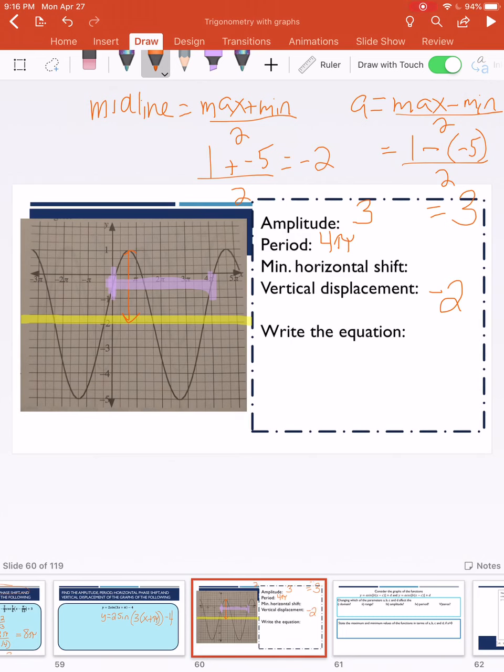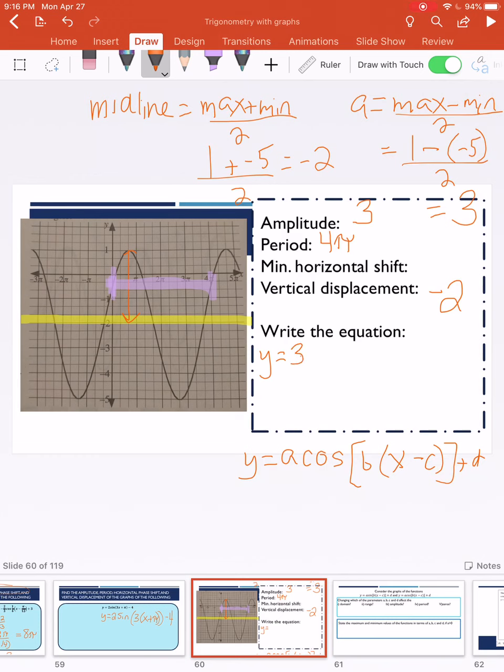Okay, so to find the horizontal shift depends if you're looking for a cosine or sine graph. So let's actually try both. We'll start with the cos graph. So I'm going to write that out. Okay, and fill in what we know.